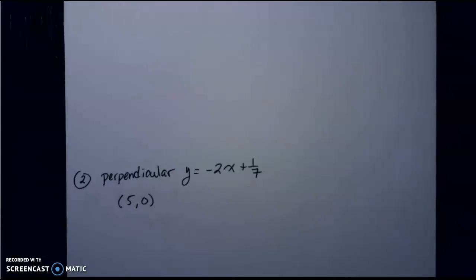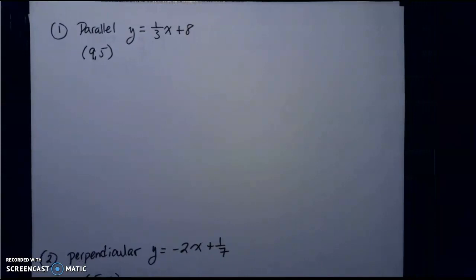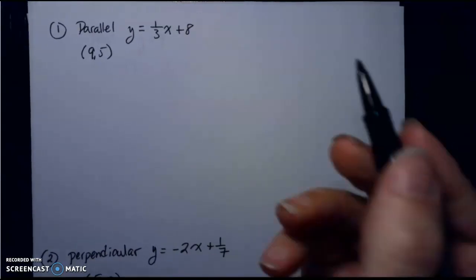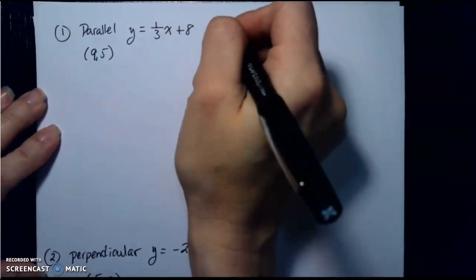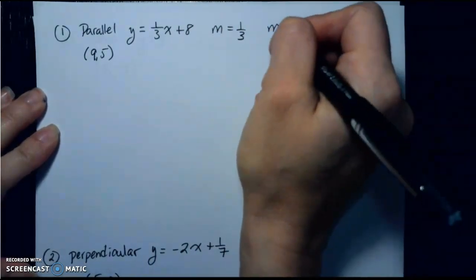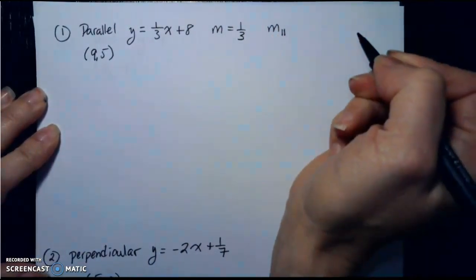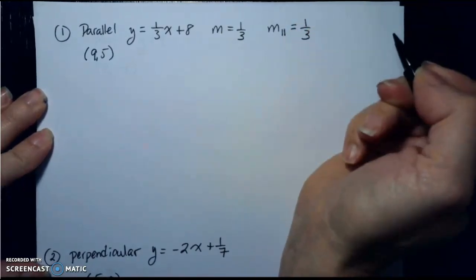So let's take a look at that. Again, I want to be parallel to y equals 1/3 x plus 8, so I want to find the slope of this line. The slope of this line is 1/3. The slope of the parallel line will also be 1/3 because the slopes are the same.